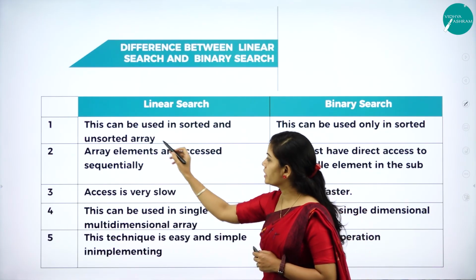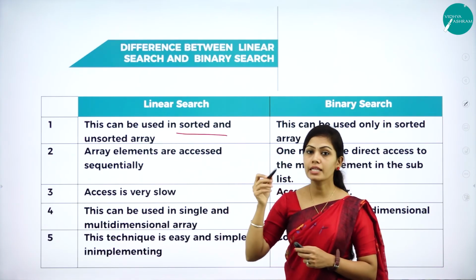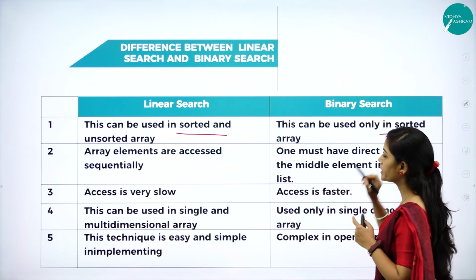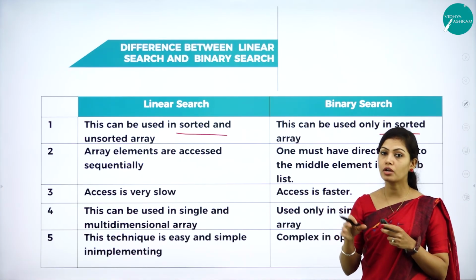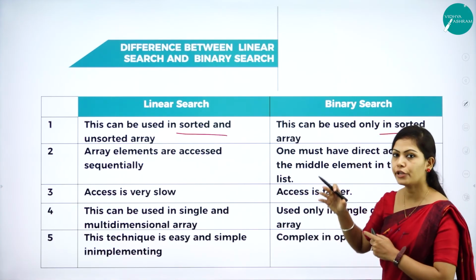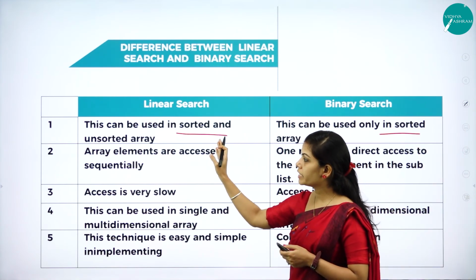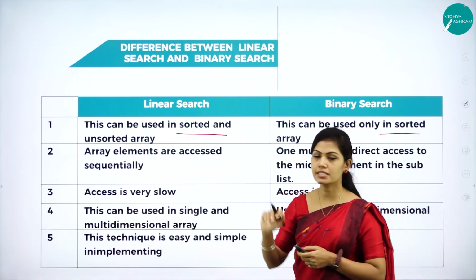Linear search can be used in sorted or unsorted array, but binary search is used only in a sorted array. If the elements are already in a sorted list, we can use the method called binary search. If the elements are not in sorted order, we can use linear search.